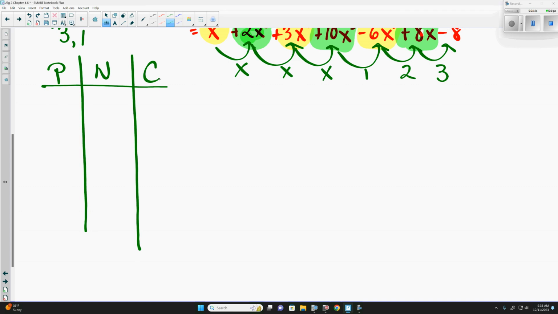Does anybody have a guess what C is? Not constant, but we can have either positive solutions, negative solutions, or our complex, our i terms, our non-real solutions. And it doesn't state it in the theorem, but the best way I can say it is that the complex zeros for this theorem are the missing ones.